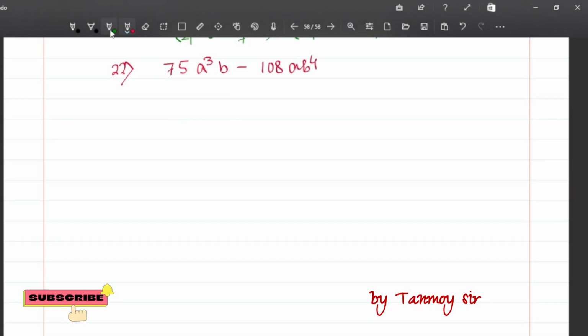Let's start sum number 22. So here we first take common from the two terms. So 3ab square is the common. So what we are left with is 25a square minus 36b square.